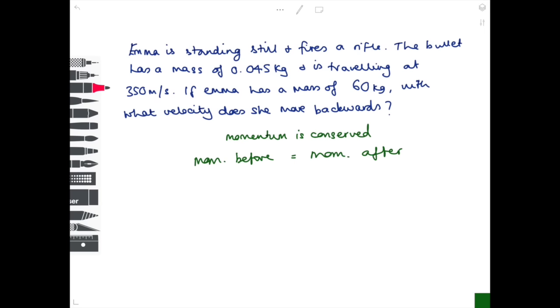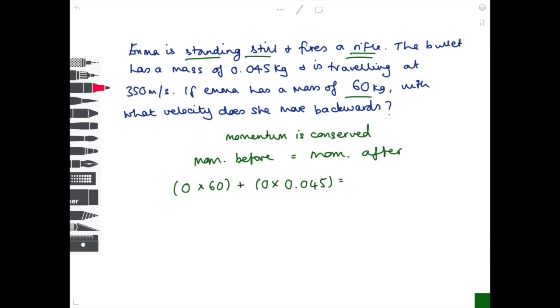So what is Emma's momentum before? Well, we've been told she's standing still, which means that her velocity is 0, times her mass, 60. We also know that the rifle hasn't done anything yet, it's going to be fired. In that case, the velocity of the bullet is 0 and its mass is 0.045 kilograms.